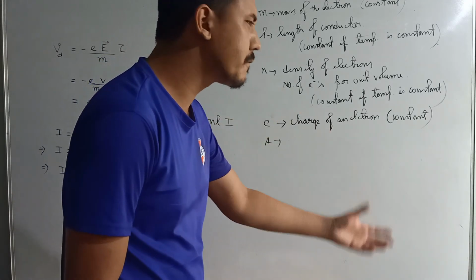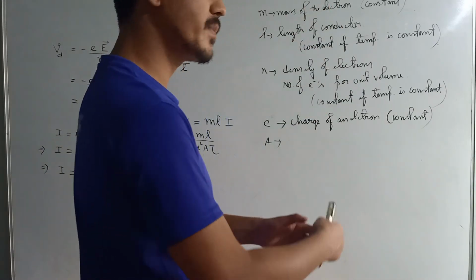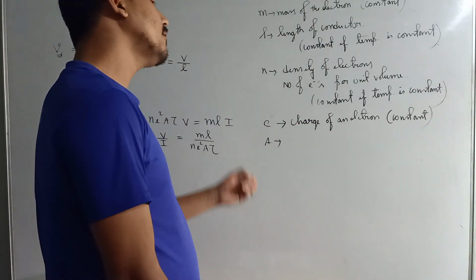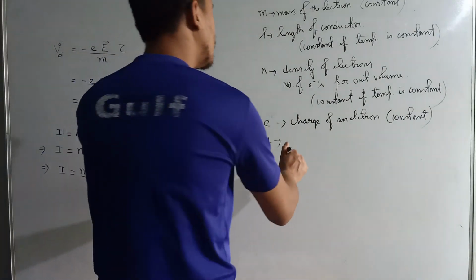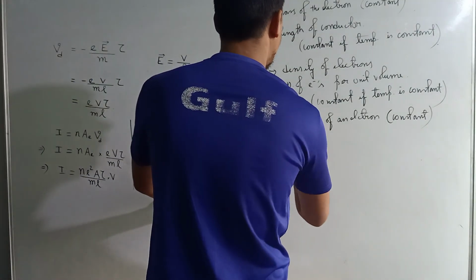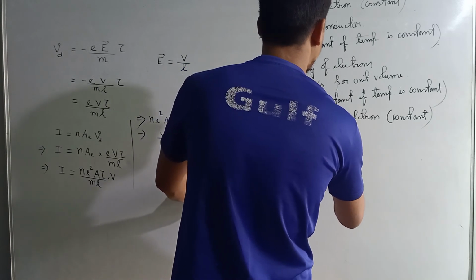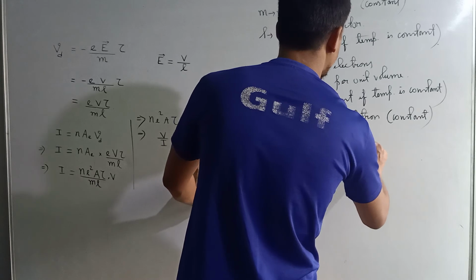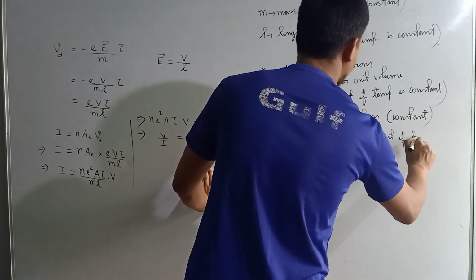There will be no superficial expansion. If you increase the temperature, there will be superficial expansion in area. But if you keep the temperature constant, then the area will always remain constant. So A, area of conductor, will be constant if temperature is constant.